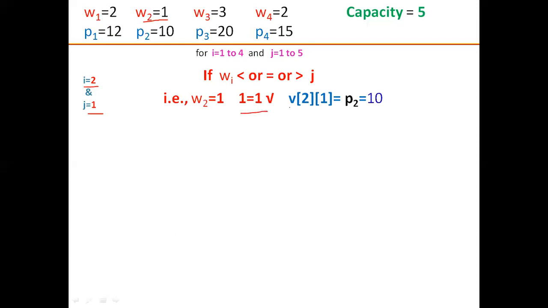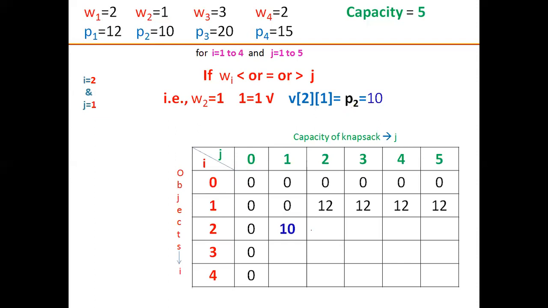If 1 is equal to 1, I can add that object. So W2 can be added, and I will get the profit P2. Profit P2 is 10. So now I need to add W2 at capacity 2. What is W2? W2 is 1. Capacity is 2. Can we add W2? Weight 1 can be added at capacity 2, because 1 is less than 2.